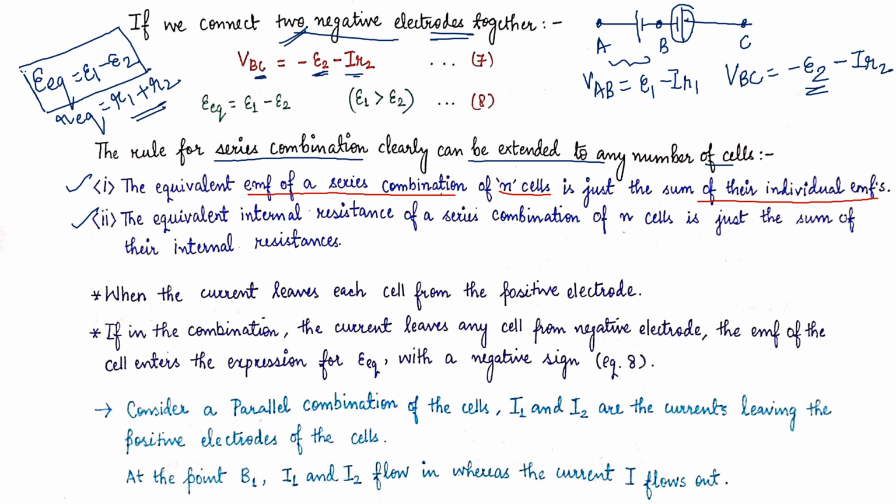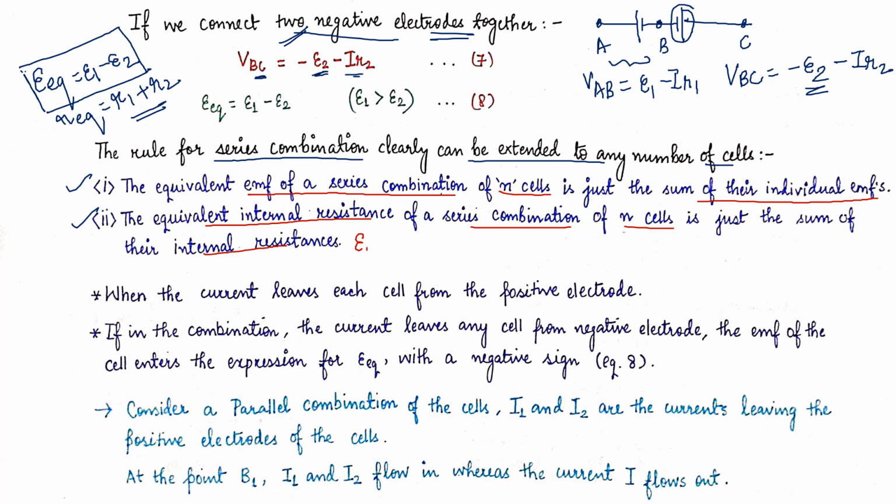Whatever number of EMFs there are, we have to keep on adding. There will not be any other signs involved. There will be just normal summation of all the EMFs. Now, the equivalent internal resistance of a series combination of n cells is just the sum of their internal resistances.